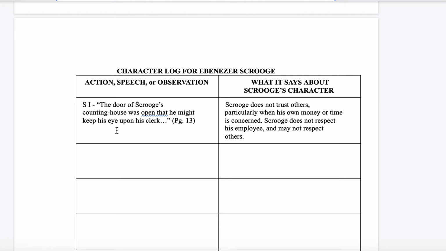The door of Scrooge's counting house was open that he might keep his eye upon his clerk. And this was found on page 13 of my book. Okay, this quote, one of the first things I want you to notice is that I have 3 periods following the word quote.